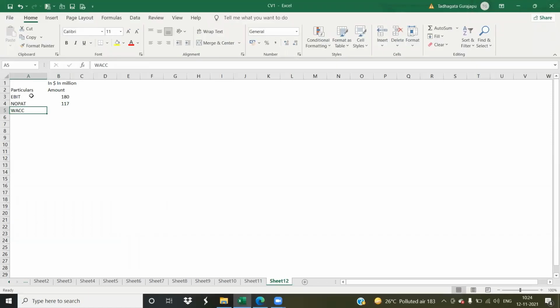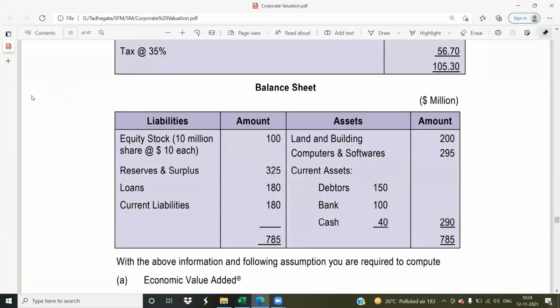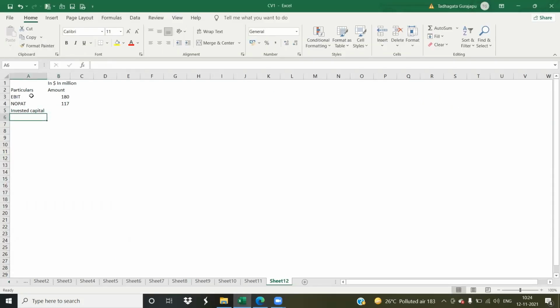Invested capital: that is equity, reserves and surplus, and loans. How much is equity?